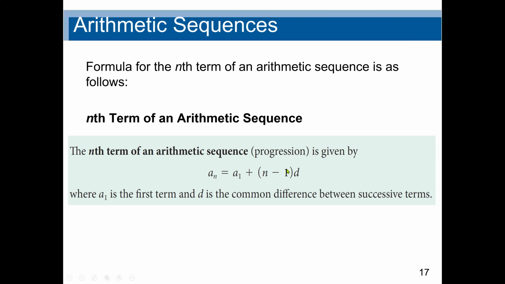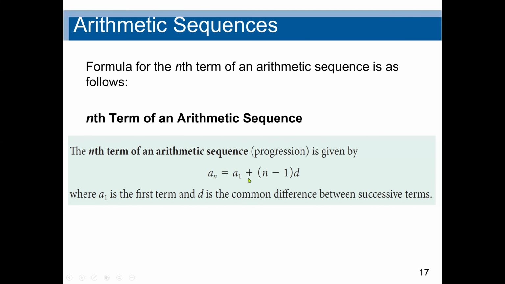So if I have 4 values, I'm going to add D 3 times. So instead of adding 3 times, I'll just multiply the 3 by D and add it to the first value to give me any position.